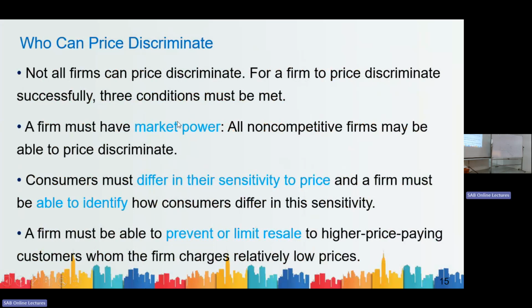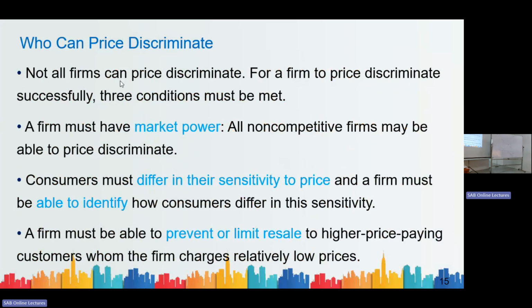Do perfectly competitive firms have the power to set their price? No. Perfectly competitive firms do not have the power to set the price. So they can't practice price discrimination.